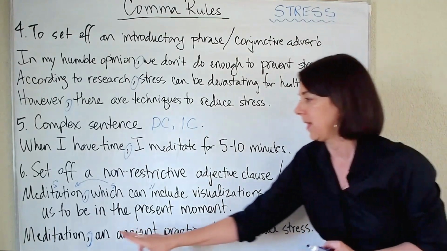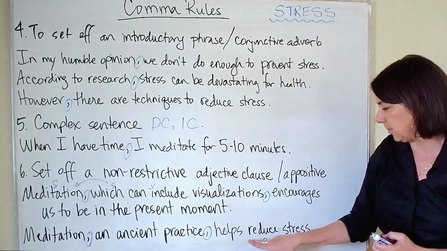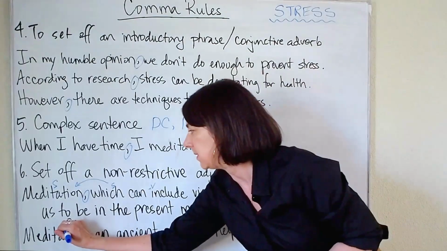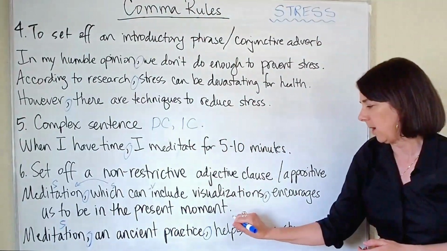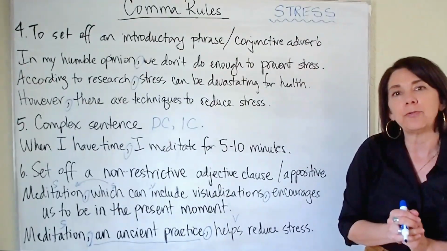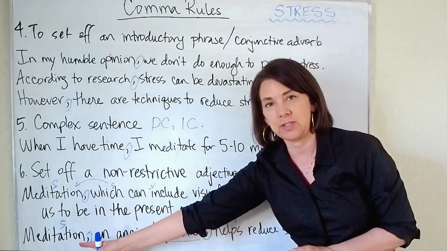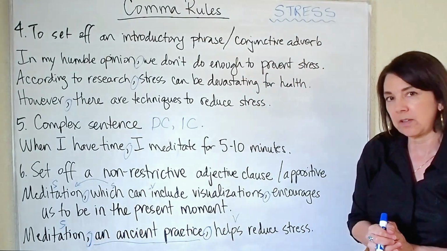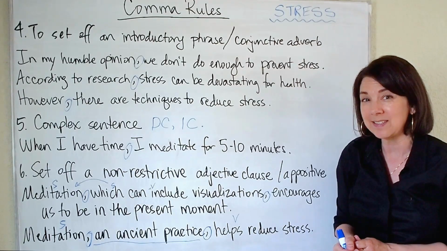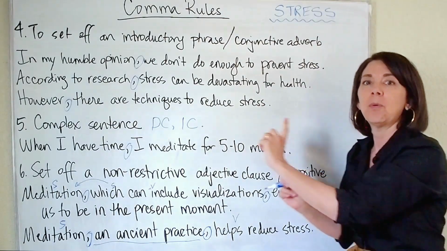For example, meditation, an ancient practice, helps reduce stress. So in this sentence, meditation is the subject, helps is the verb, and then we have this noun phrase that gives extra information about meditation. It's not a clause, it's a noun phrase, and it's not necessary to the sentence. So again, we use commas to show that we can take it out or we can put it in.